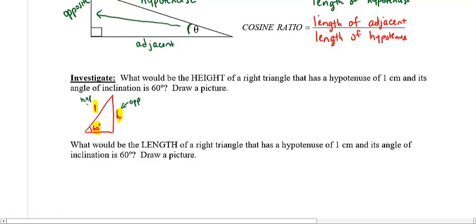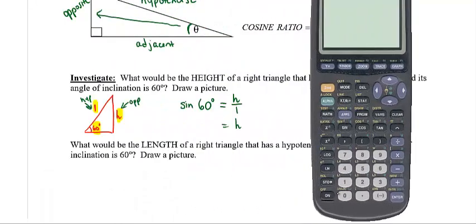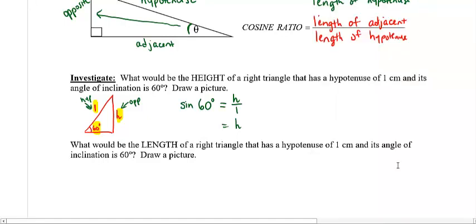So which ratio can we use? That's correct. Sine of that target angle of 60 is equal to h over 1. And since h over 1 is just h, it's equal to sine 60. We can go to our calculator, type in sine 60, and we're done. 0.866.